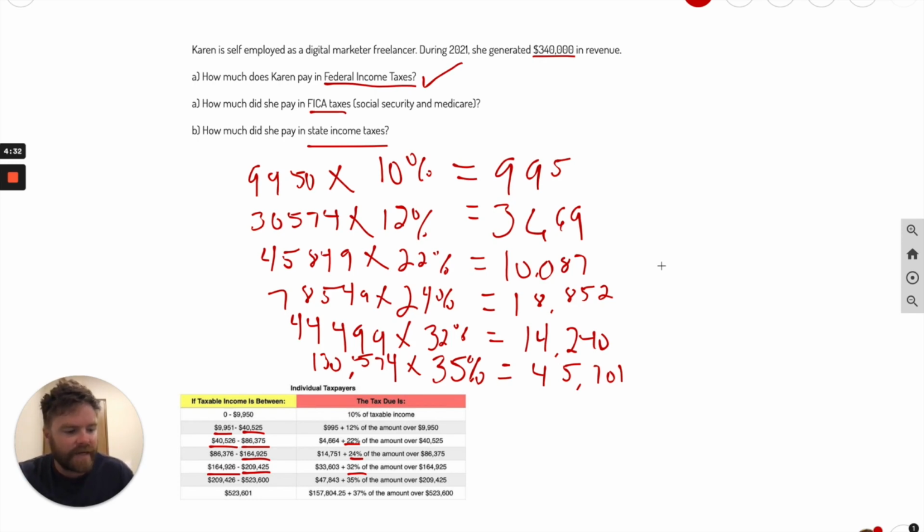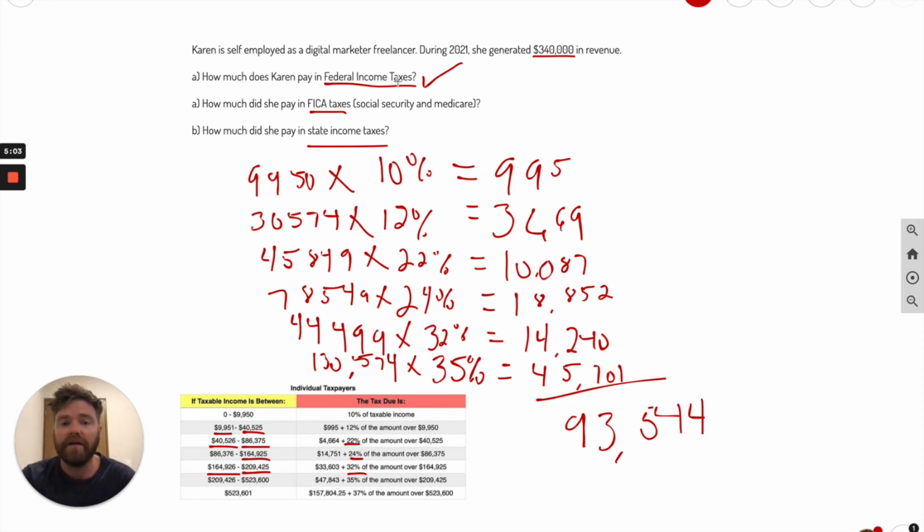I'm going to start over. 995, 3669, 10087, 18852, 14240. Lastly, 45701. All right, that's a big number. So 93,544. That's going to be her federal taxes.